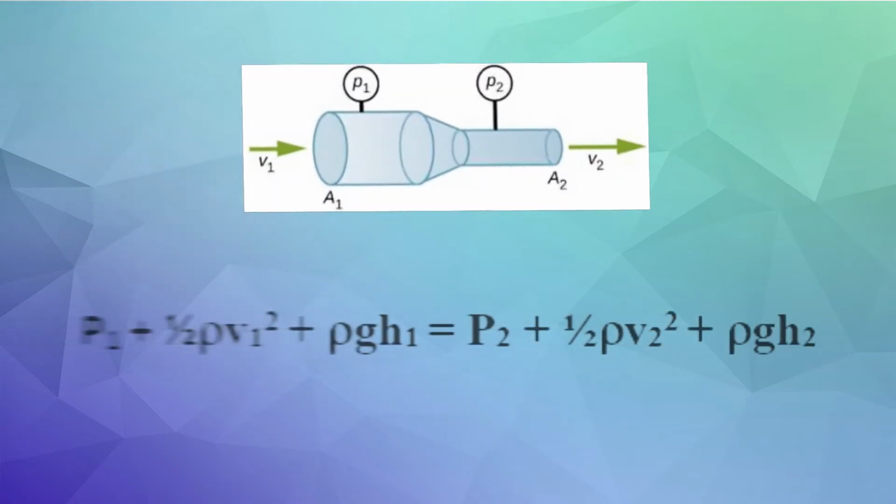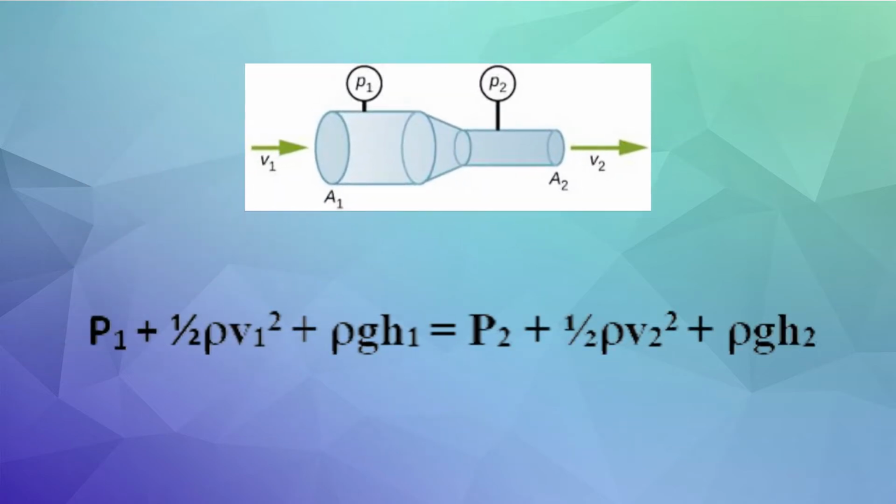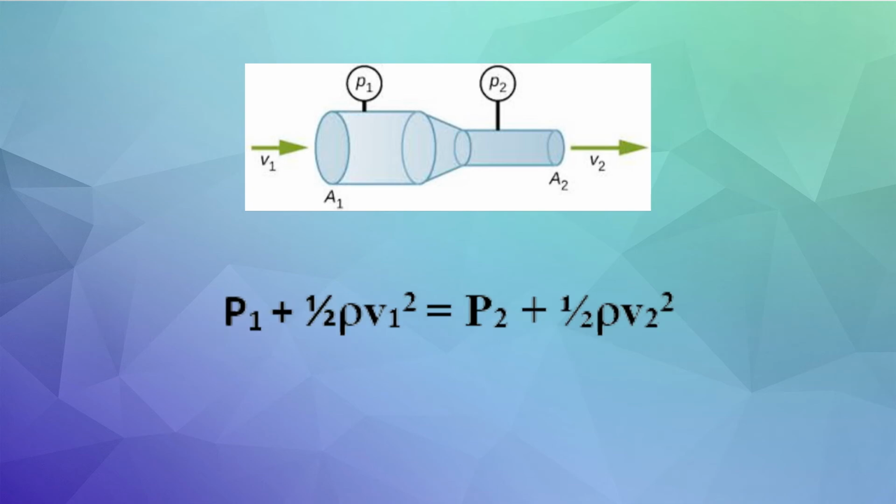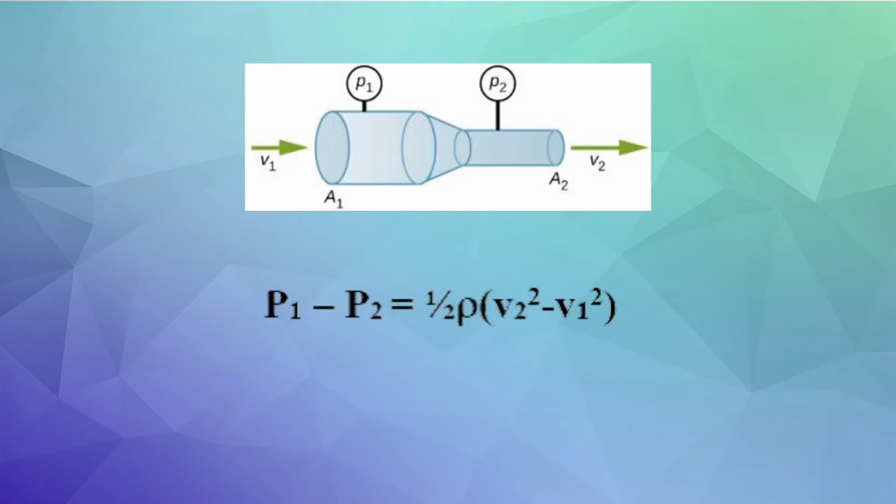Bernoulli's equation can be very useful in many different situations. For example, if you have a pipe at the same height but a change in diameter, you can rearrange the equation in such a way that you can solve for the pressure change due to the change in diameter. As you can see, we can cancel out the hydrostatic pressure because the height does not change, and all we are left with is static and dynamic pressure. We can now rearrange what is left of the equation so that we can solve for the change in pressure.